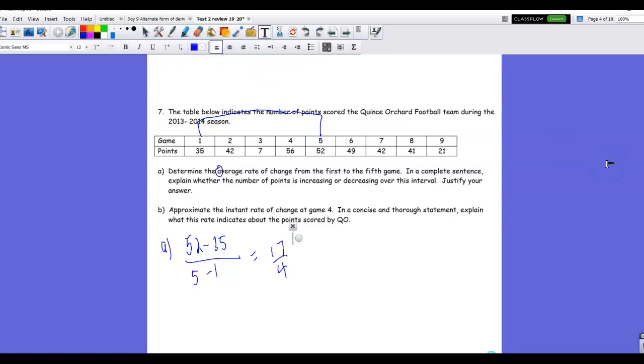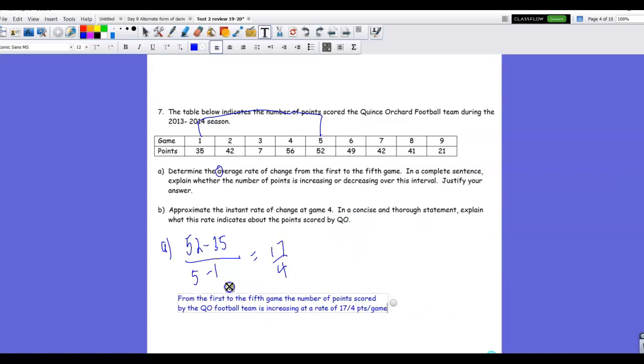All right. So notice how I'm plagiarizing the words from the first to the 5th game. The number of points, I'm plagiarizing, just reordering the words, scored by the QO football team is increasing at a rate of 17 fourths points per game.